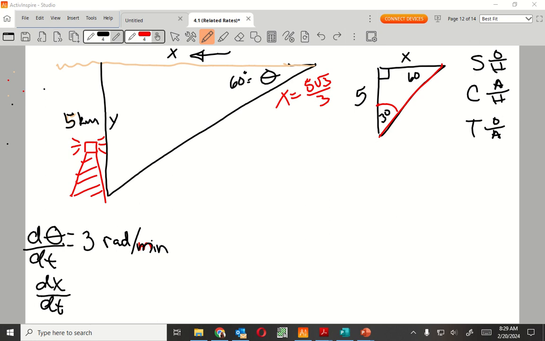So I now know with values what the x is, so I found all that.